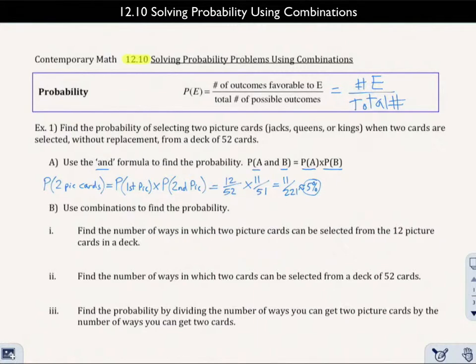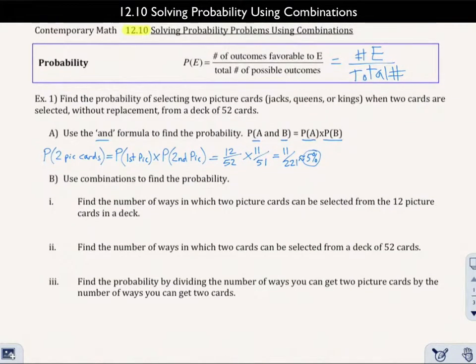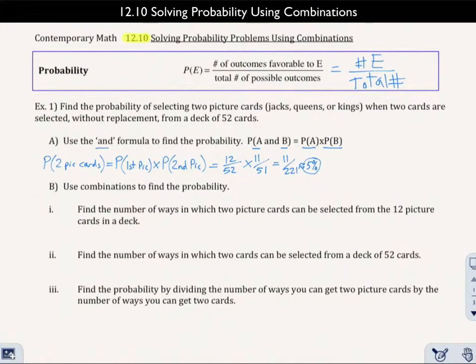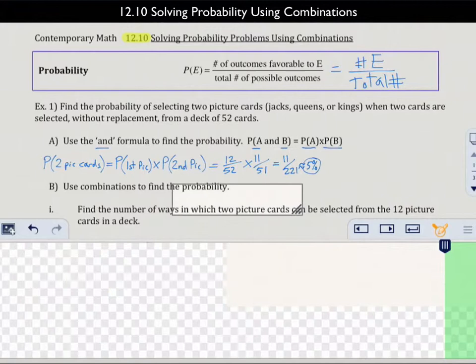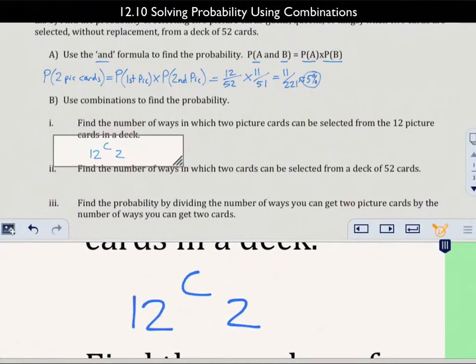What we're going to do now is use our combinations to find the probability. The first thing we want to do is find the number of ways in which two picture cards can be selected out of the 12 picture cards in a deck. Well, that's going to be 12C2. This 12 is our 12 picture cards, and this 2 is how many we want.